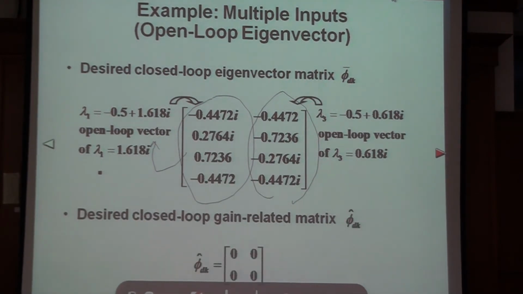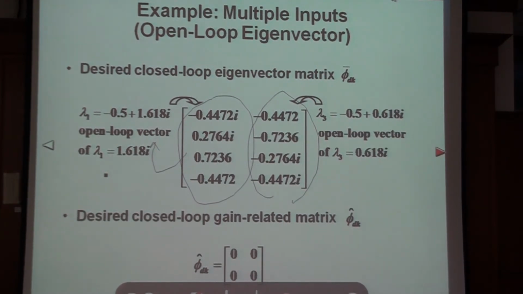And we say desired, look at this. Desired gain. I say I want it to be 0, 0, 0, 0. And we know that we cannot get that. But we will be as close as possible, as small a value as that 0. So that's 0, 0, 0, 0. So now I define a desired closed loop eigenvector matrix.